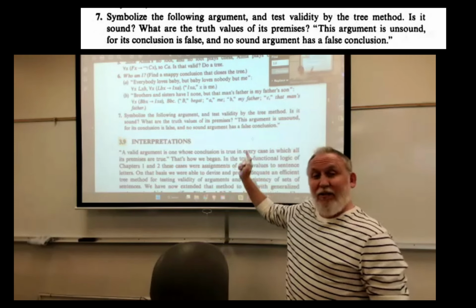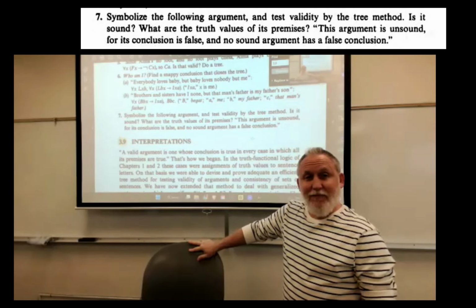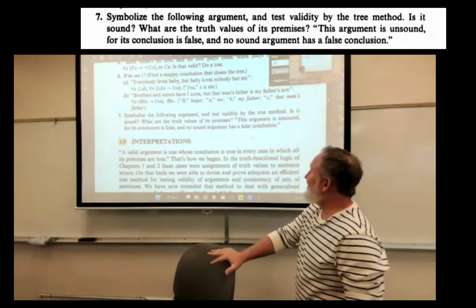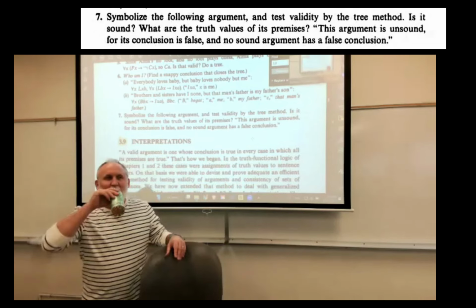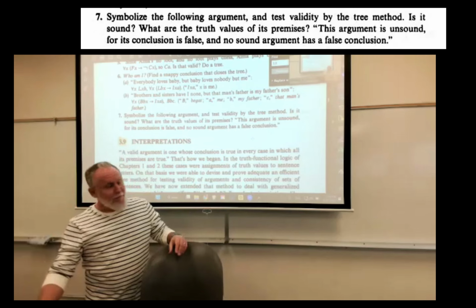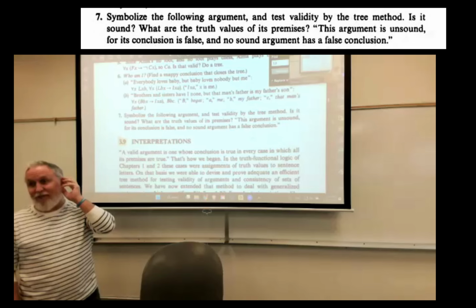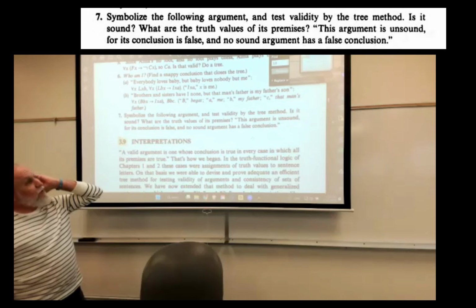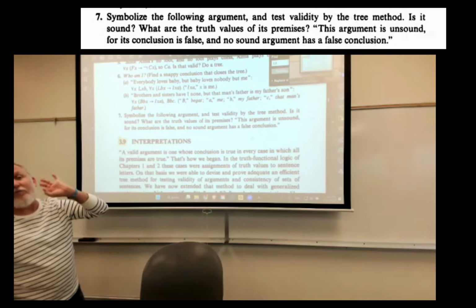But the premises here are inconsistent. So wouldn't this be trivially valid? No, because trivially valid is only where you have inconsistent premises. Well, the premises are inconsistent in this argument. The first premise, if my truth table was wrong in the false case, I get true. Right, but to say that they're inconsistent means that there's no case where they're all true.